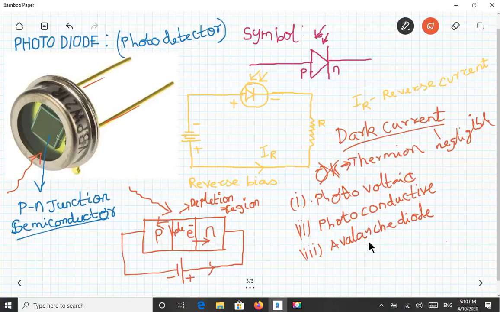The advantages of this photodiode: it can be used as a sensor, as I said before. It has a very long life period, is lightweight, and has no noise, in the sense that it is not disturbed by any surrounding noises. It is only disturbed by light. You can also see it in lift operation and automatic door closing.